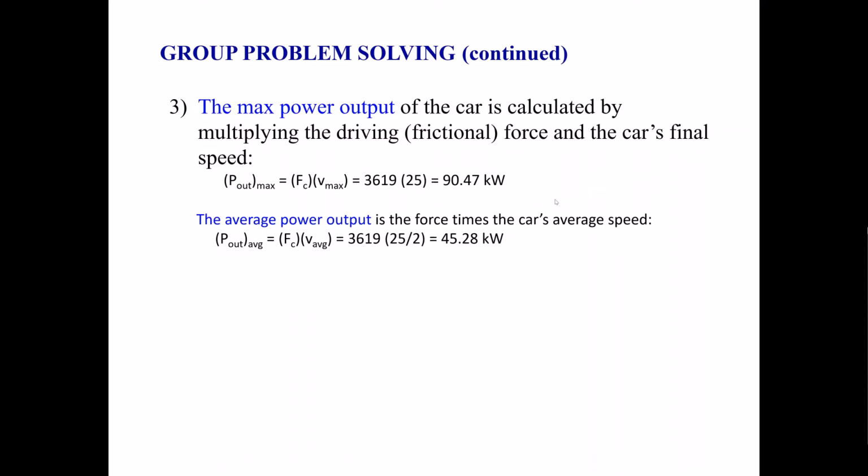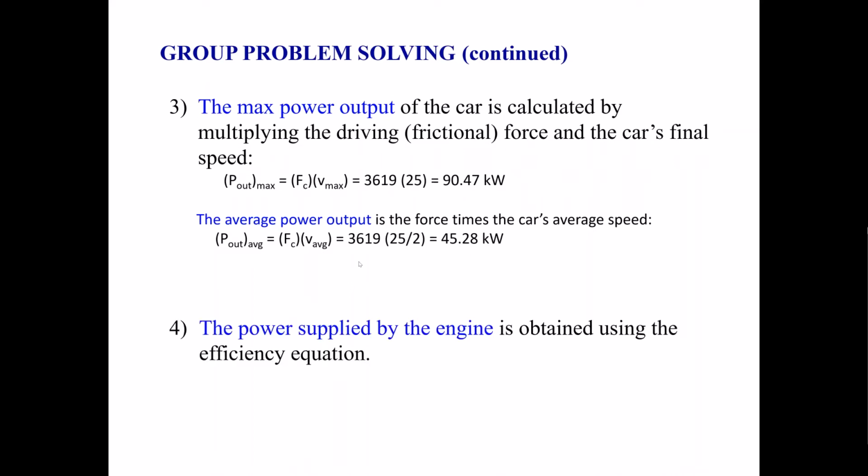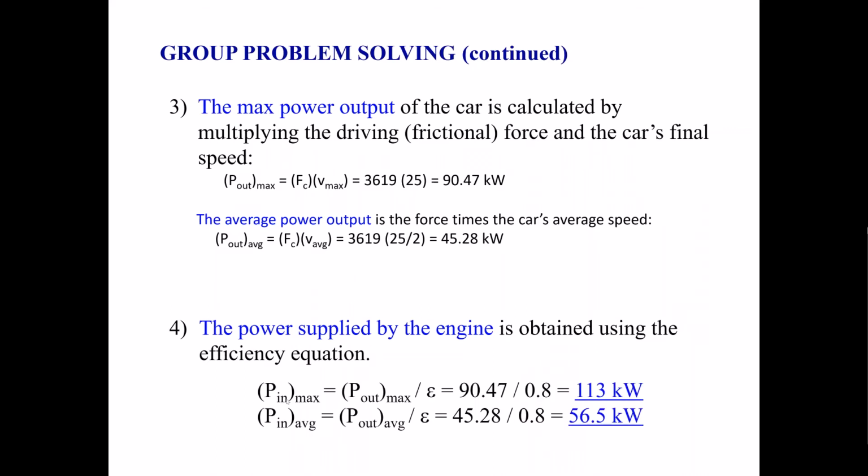And our average power output is just going to be whatever the force is times our average velocity, which was 25 meters per second divided by 2. And that gives us the average power. Essentially, it's just half of our max. Now, for the power supplied by the engine, for both the max and the average, all we have to do is what we did previously, which is to use our efficiency.